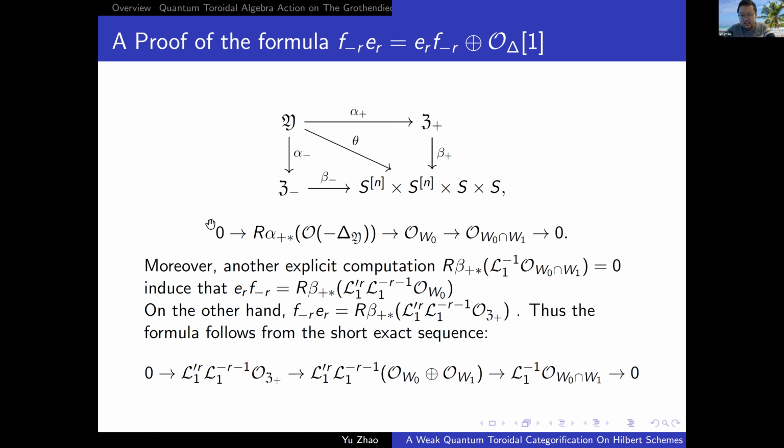We could see by explicit computation that the image is 0. So by this process we could replace, and we can remove the O(-delta) part and just replace it by the structure sheaf. Okay, this is the Rf^{-1} part, and the other direction would be a bit easier.